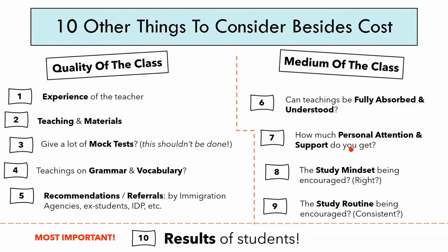There's better personal attention and support. It encourages you to have the right study mindset. It encourages a consistent study routine. And that's the reason why I moved to teaching online. But finally, the most important thing you have to really ask yourself is, what are the results of the students?